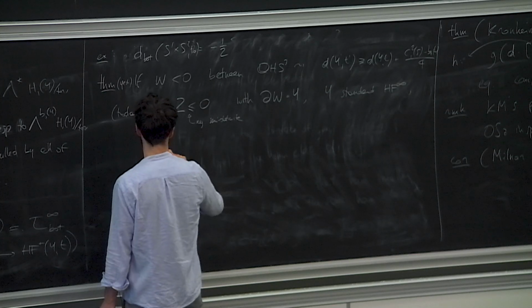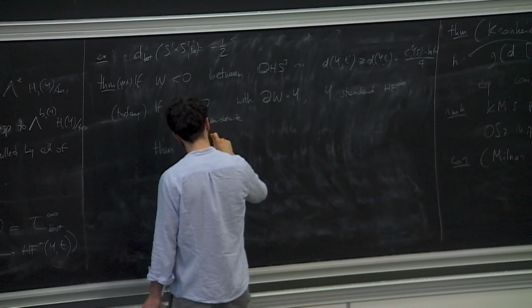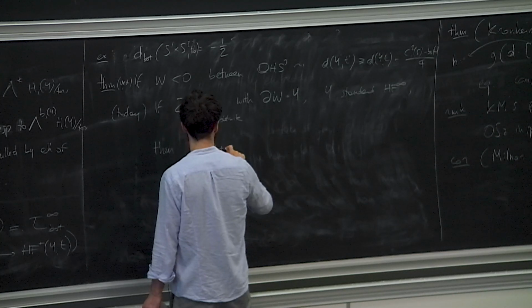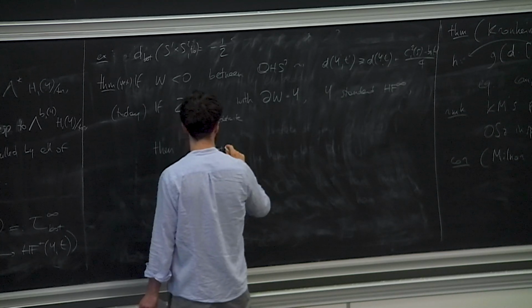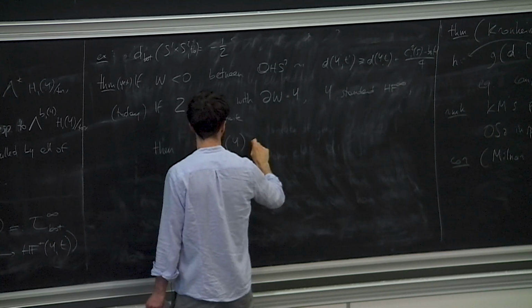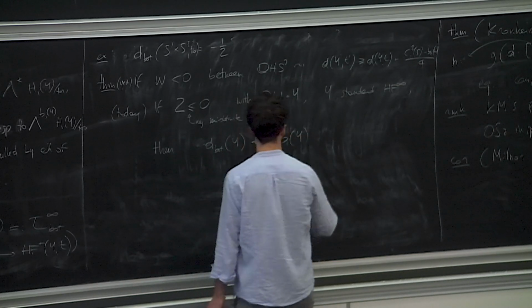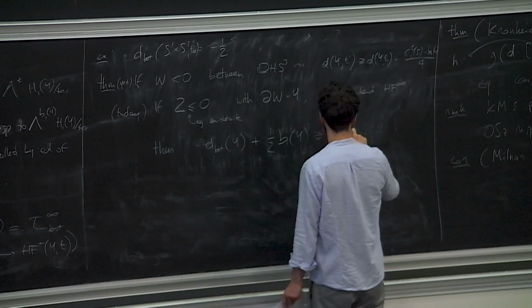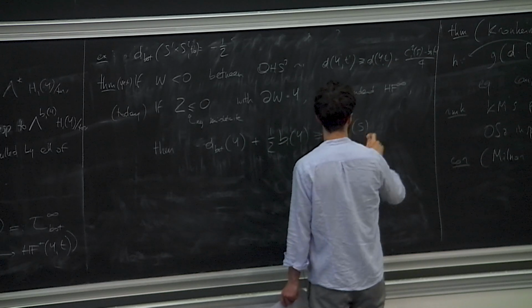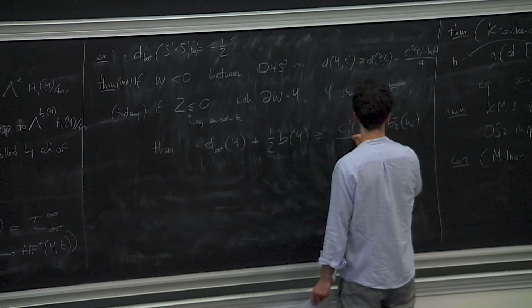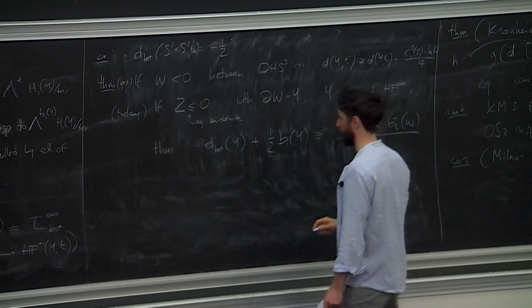Then the bottommost correction term of Y plus 1/2 b1 of Y is at least c1 squared of s plus b2 minus of W divided by 4.